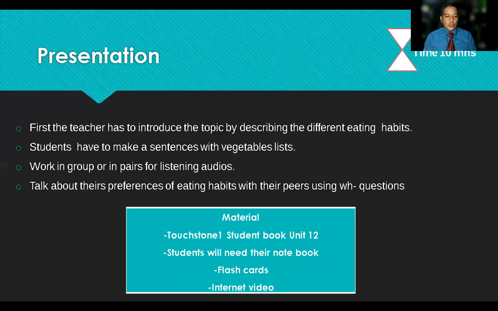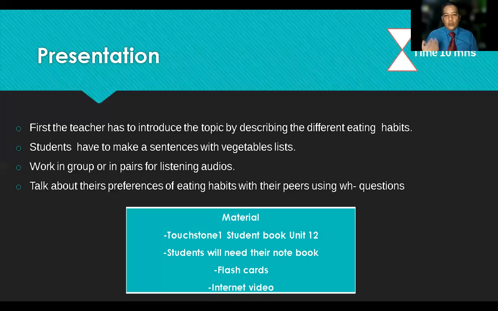Materials: source, one student book, unit 12. You will have the student book; the institution or the national school has to bring you the material. You have to give your class with essential materials.